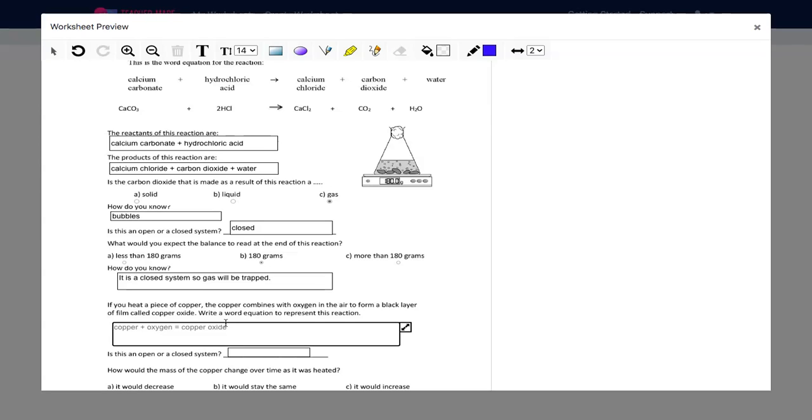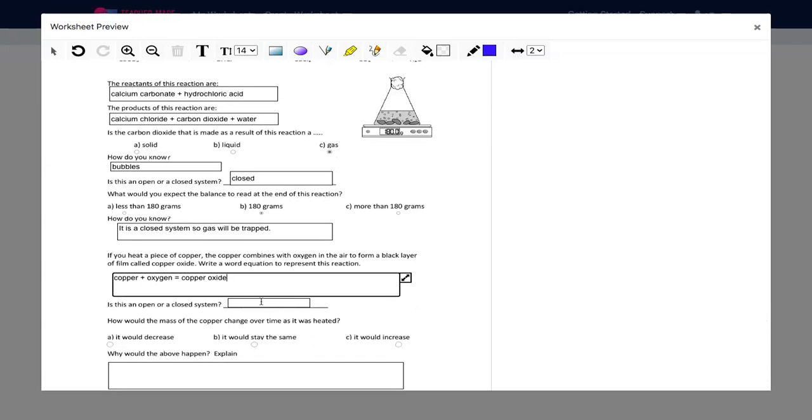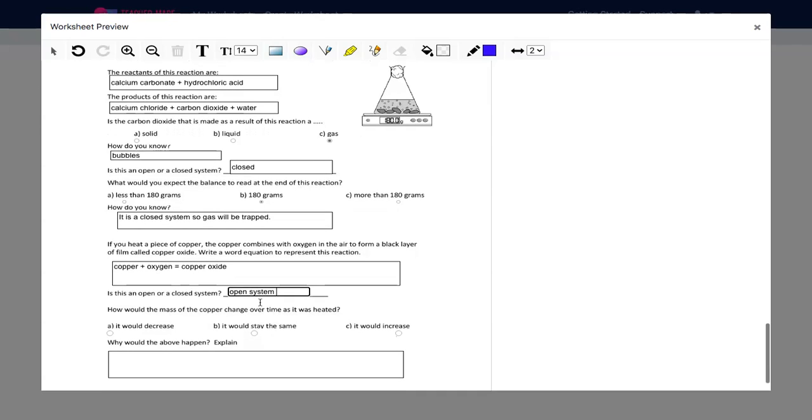So if we write the word equation for this, we're going to put copper plus oxygen equals copper oxide. We're going to write it in word form. And again, the copper is the system, and we know that it's an open system because oxygen from the air, from the surroundings, is going to react with the copper in the wire.